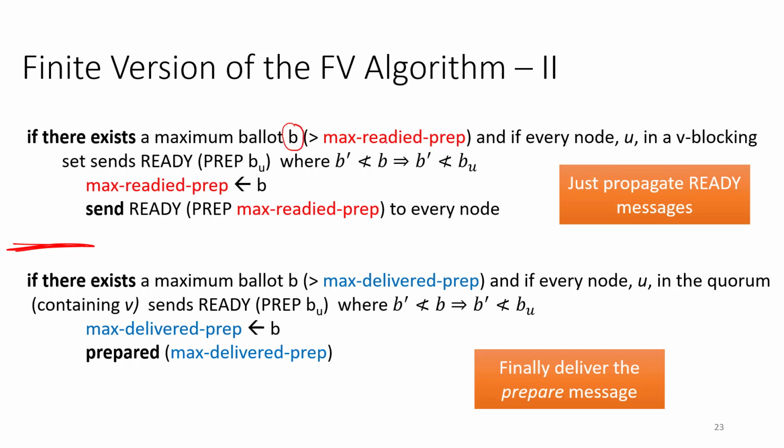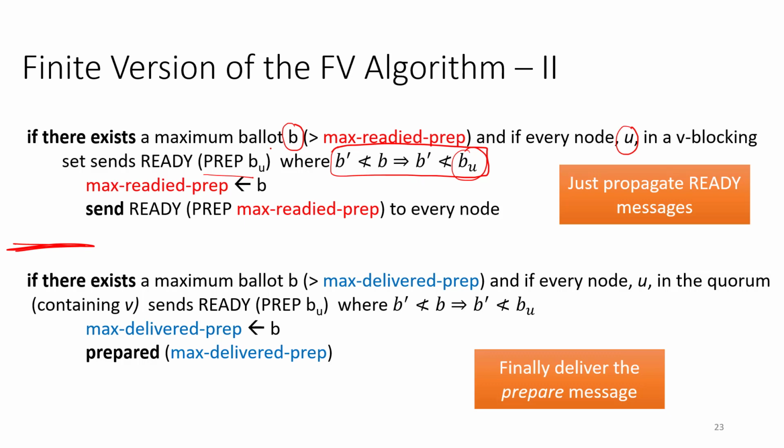You need a ballot B which is greater than max ready prep. And if every node U in a V blocking set has sent prep BU, where again this condition holds, we have seen this before, which basically means anything which is lower and incompatible with your maximum ballot which you have stored, if that is also lower and incompatible than BU which you have gotten from another node, then you are fine.